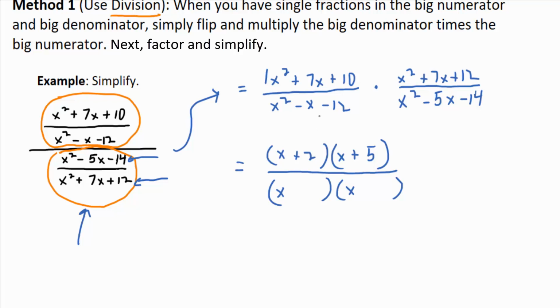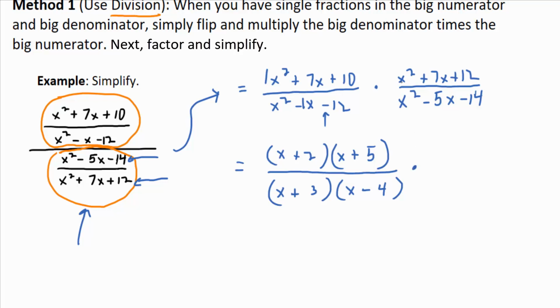You need two numbers whose product is negative 12 and whose sum is negative 1. I always get the numbers first without the signs. One of them has to be negative, so that they multiply to make negative 12 and add together to be negative 1.